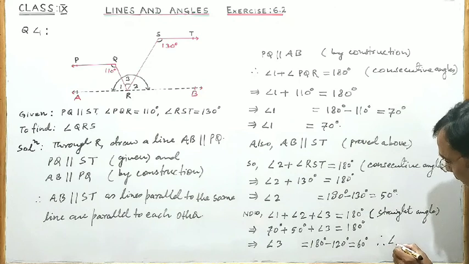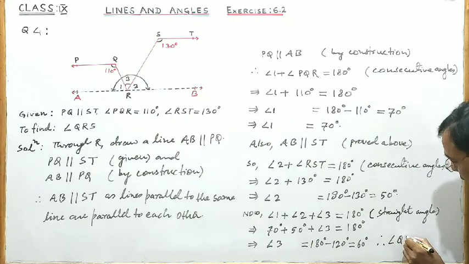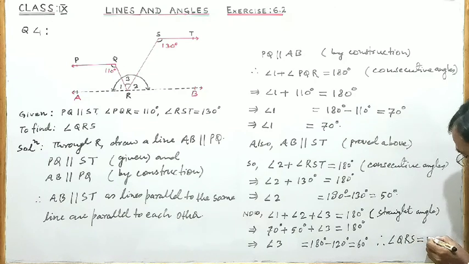Therefore angle QRS is equal to 60 degrees, and this is the answer.